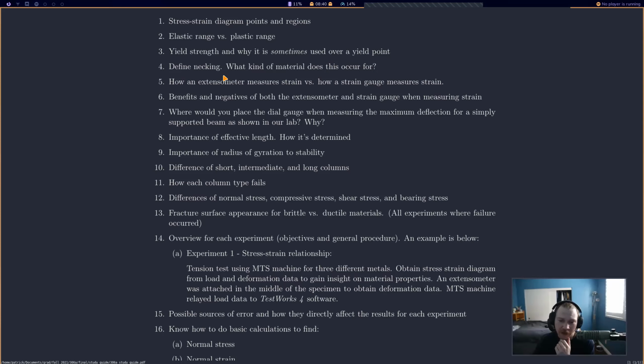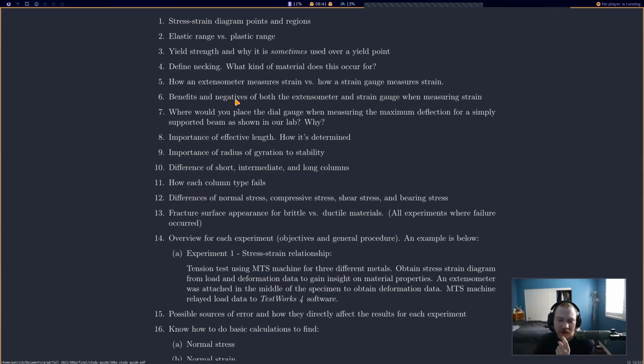And then we have necking, so you have to define necking and what kind of materials this occurs for, whether that's a ductile material or a brittle material. Again, that goes back to lab 1. How an extensometer measures strain versus how a strain gauge measures strain, so that's lab 2.